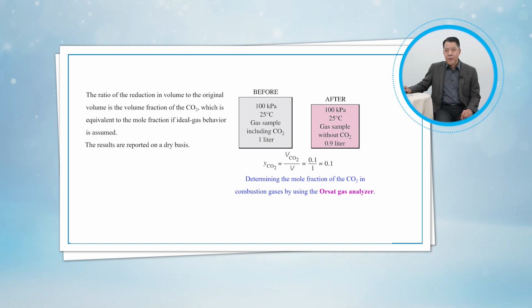For this reason, the presence of water vapor in the test chamber is ignored, and data are reported on a dry basis. The volume fractions of the other gases are determined by repeating this procedure.